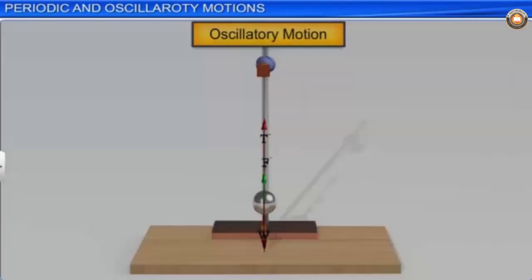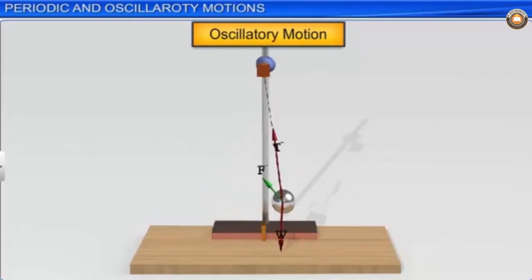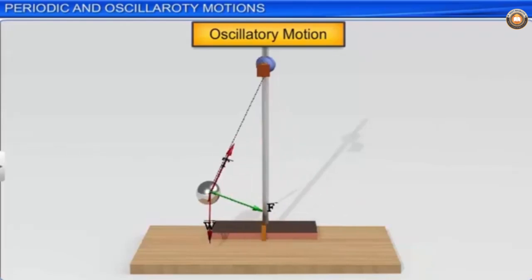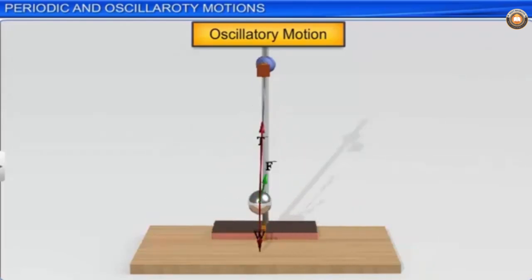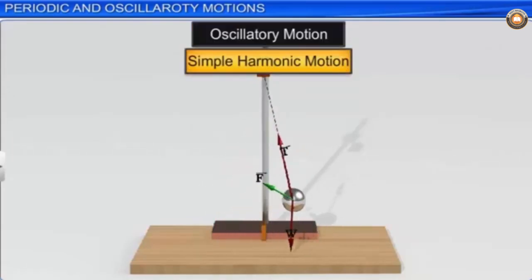In the simplest form of oscillatory motion, the restoring force on the body is proportional to the magnitude of its displacement, but is opposite in direction to the displacement from the mean position. This type of motion is called simple harmonic motion.